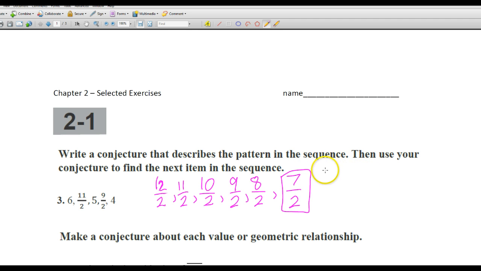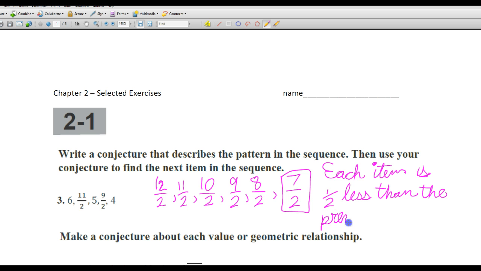So each item is 1/2 less than the previous item.